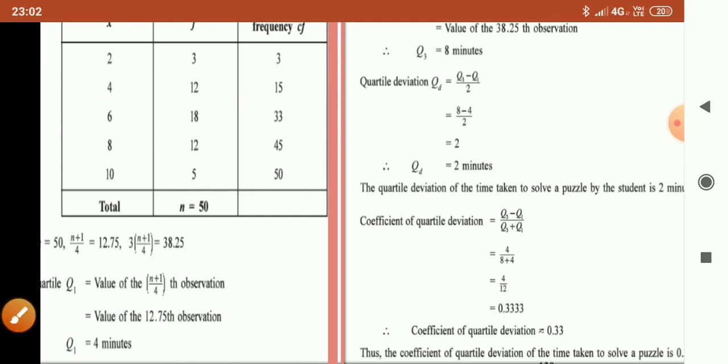Next Q3. Q3 means 3 into (n plus 1) upon 4th observation, that is 38.25. The next higher value after 38.25 is 45. What is the xi in front of 45? That is 8.